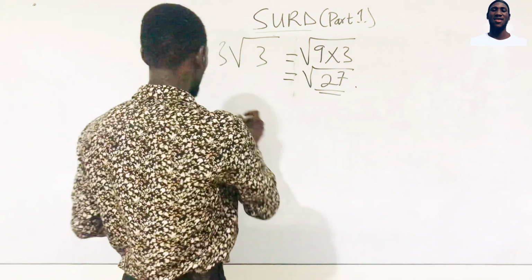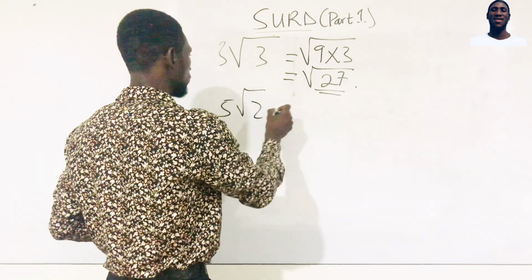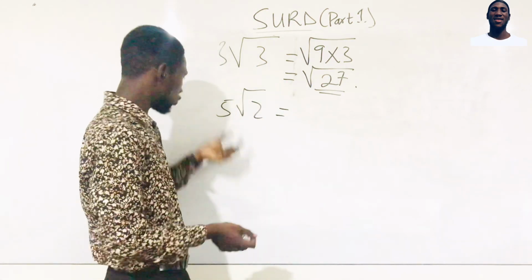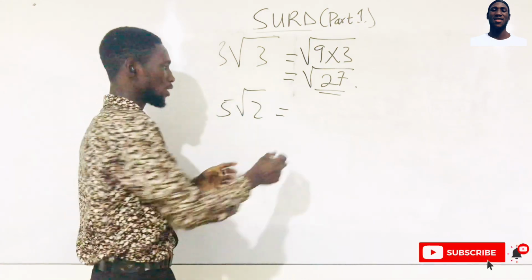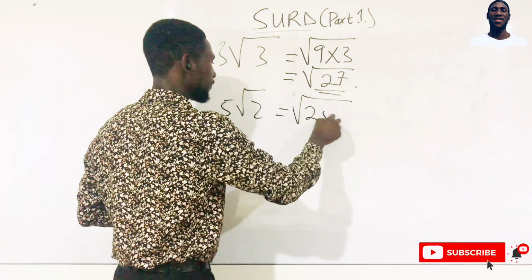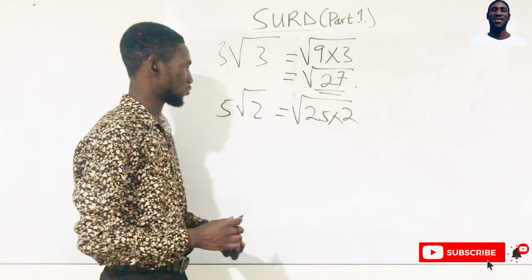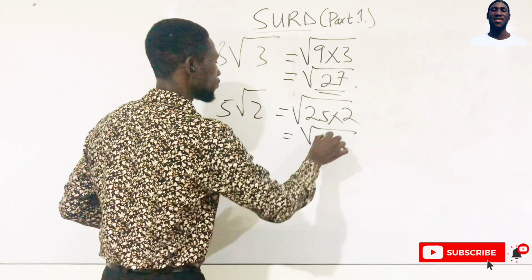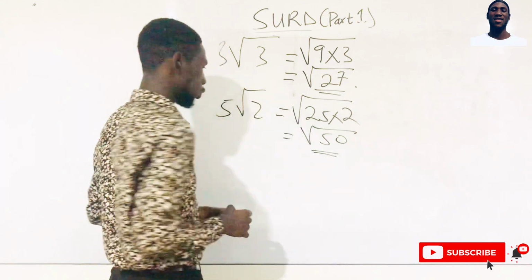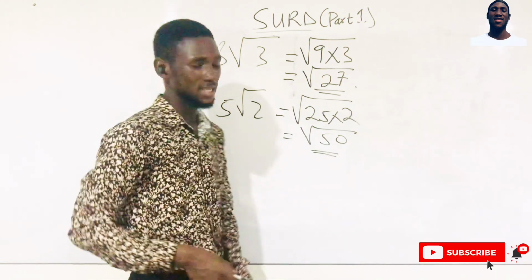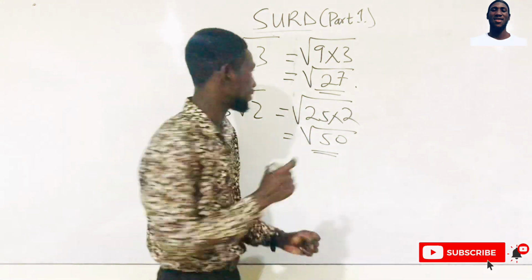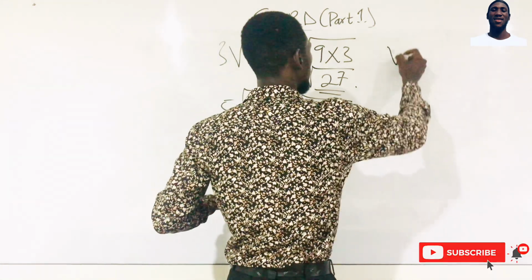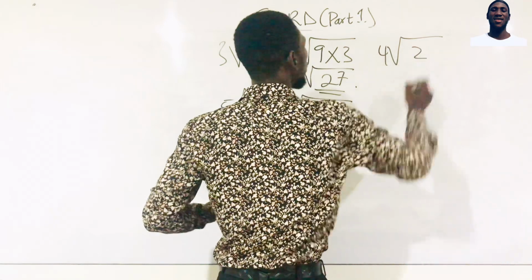Another example, if I have 5 root 2, I know square root of 25 gives us 5. So I can bring it inside, 25 by 2. So 25 by 2 gives us 50. So it was root of 50 that gave us 5 root 2. Let's do the last one on this. 4 root 2.